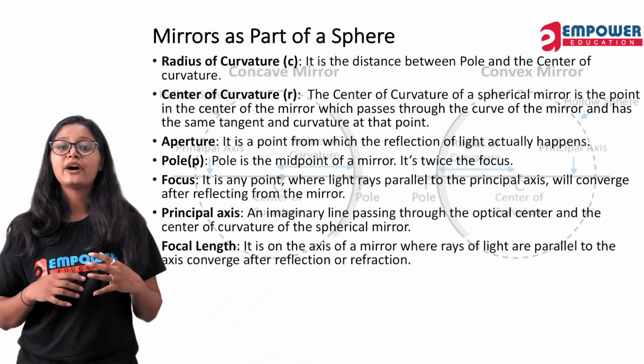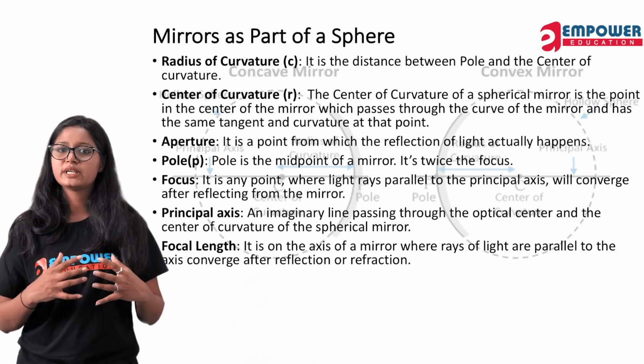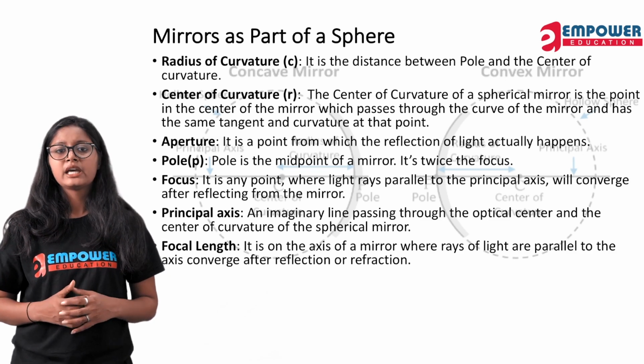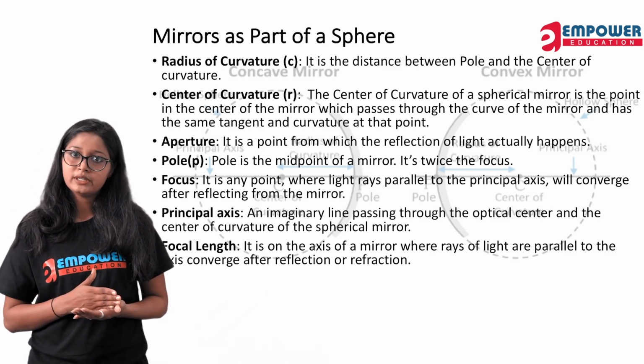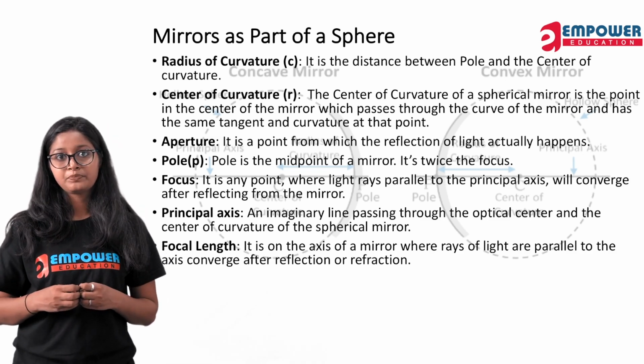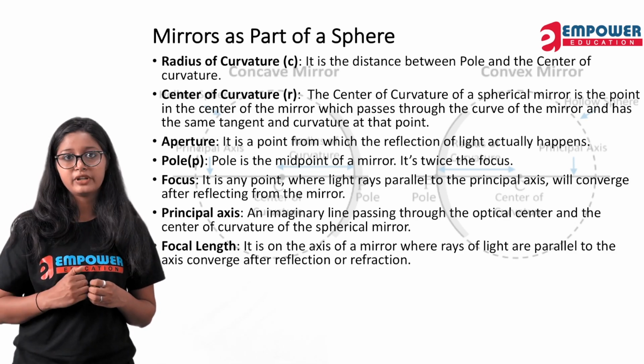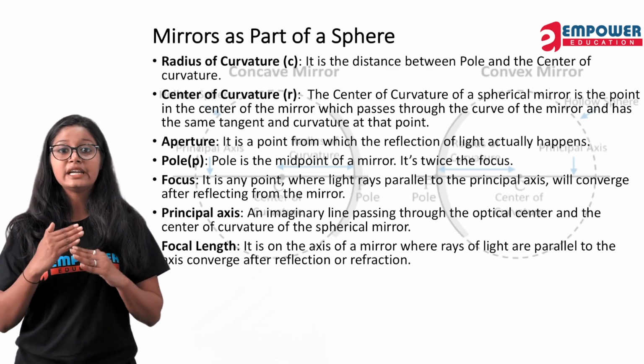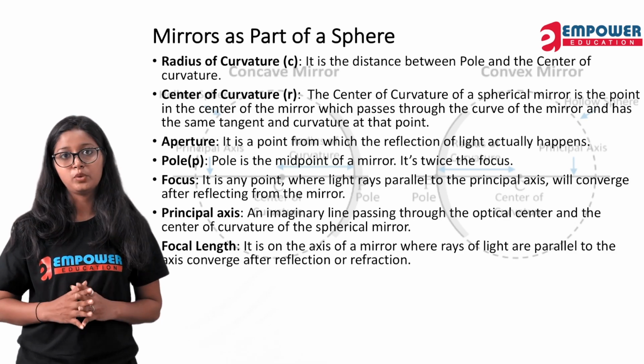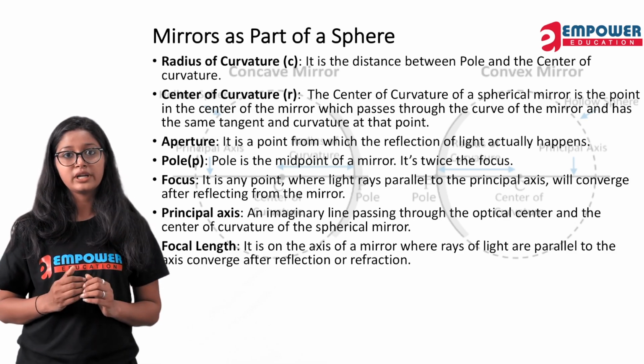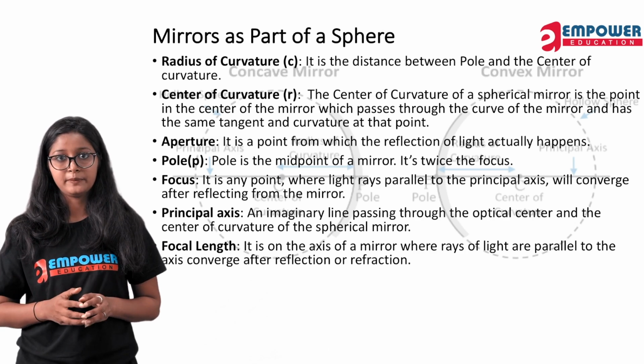Now next we have the focal point, or you can say the focal length. The focal point is the point where rays after reflection converge, intersect or meet at a point. So that point is called the focal point.